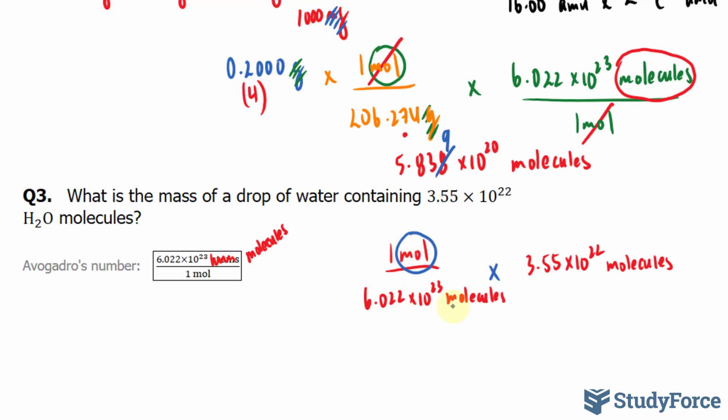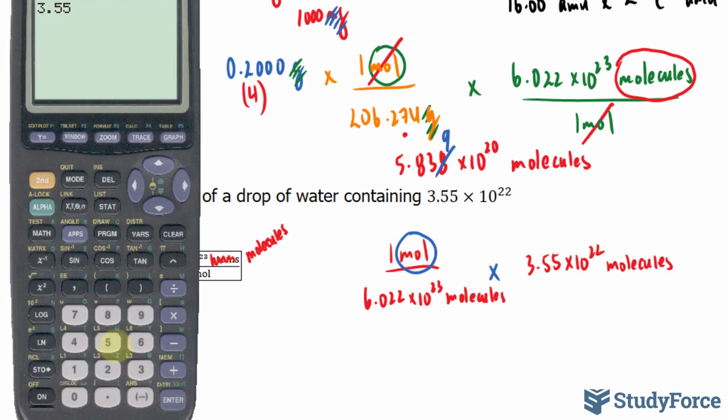Let's start by multiplying this with that, which is 3.55 times 10 to the power of 22. Next, I'll take this number and divide it by bracket 6.022 times 10 to the power of 23. Close the bracket.